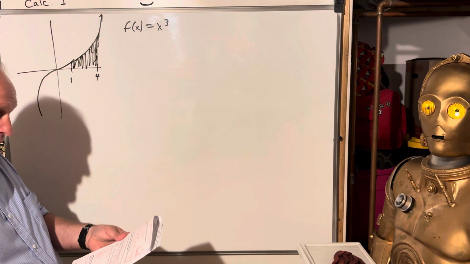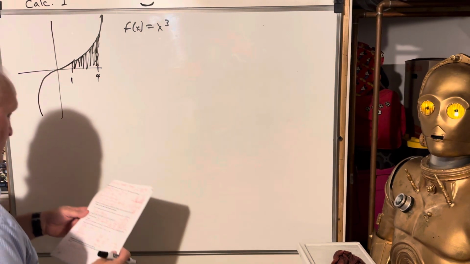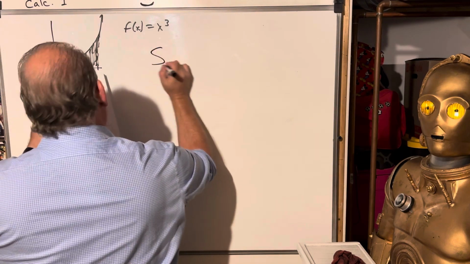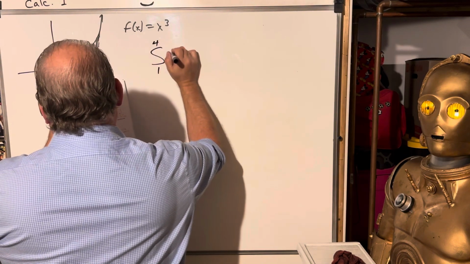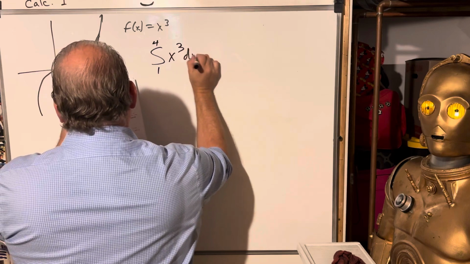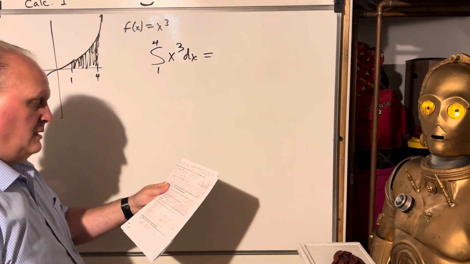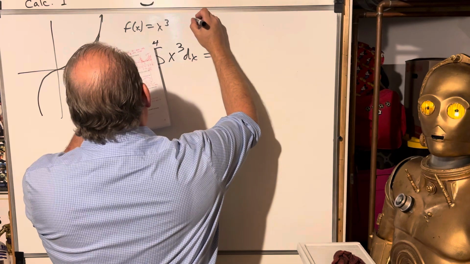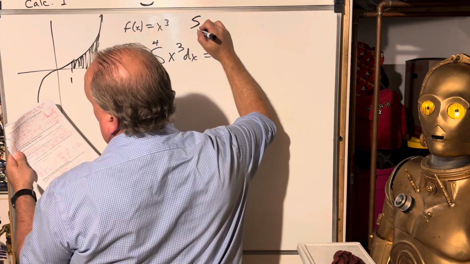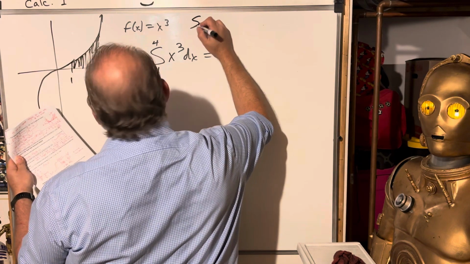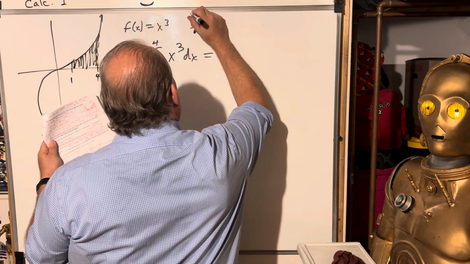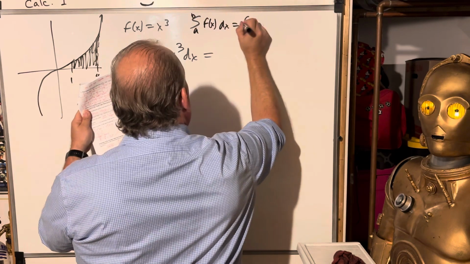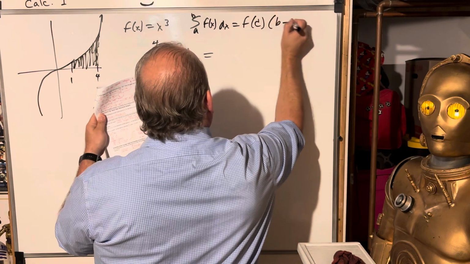All right, so what is going on? Well, let's say that the integral from 1 to 4 of x to the third dx has to equal f of c. Let me write this down first: the integral from a to b of f of x dx is equal to f of c times b minus a.